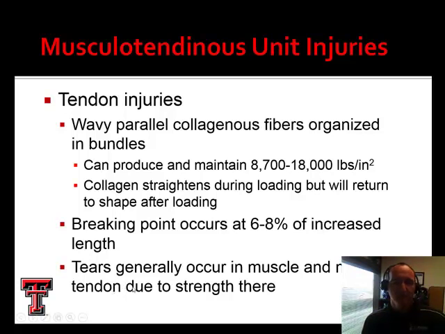The tendon is not the weak part of the musculotendinous unit in most healthy folks. And we see there's really not a lot of yield in that tissue. It's not very elastic. Tendons are kind of akin to steel cables. They really don't give much, and they can transfer a tremendous amount of force without breaking.